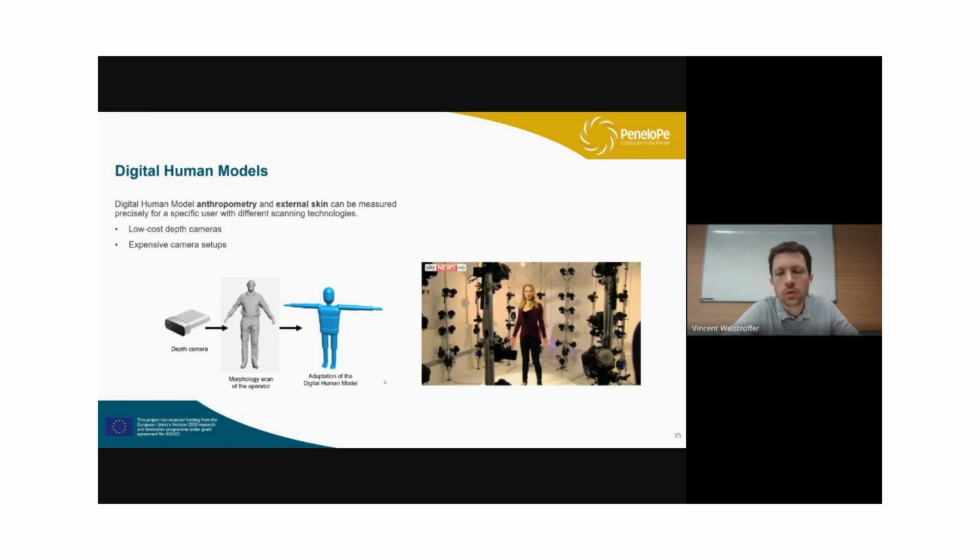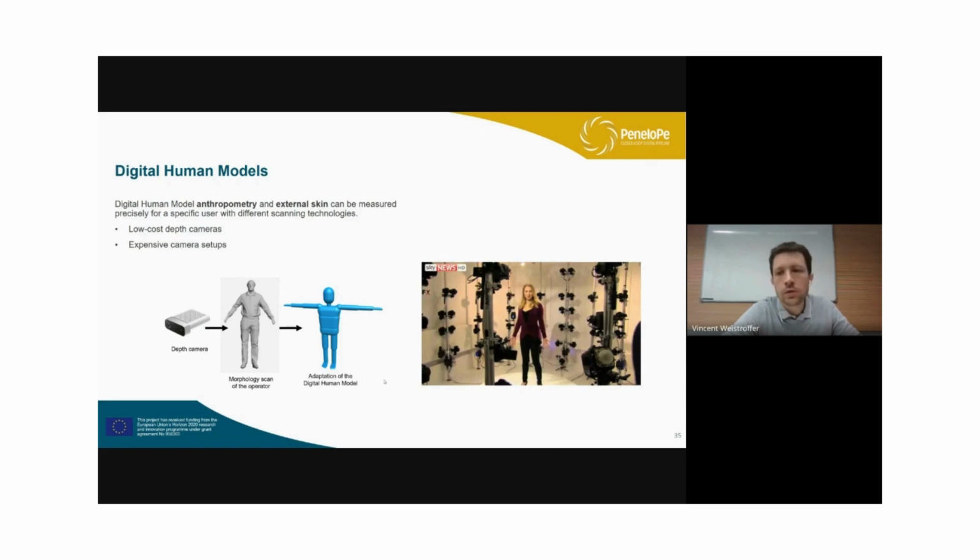They are located around the user, and they are synchronized in order to instantly scan the user. It will give you the same process as for a depth scanner, but with a more detailed model of the user that is scanned. And it will also give you a more detailed external skin with textures and can give you a really photorealistic avatar at the end.